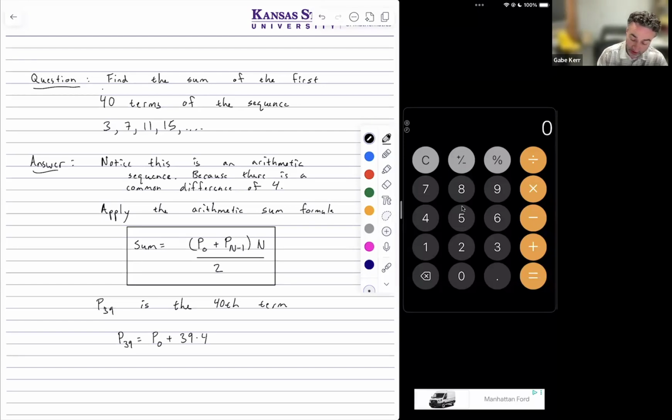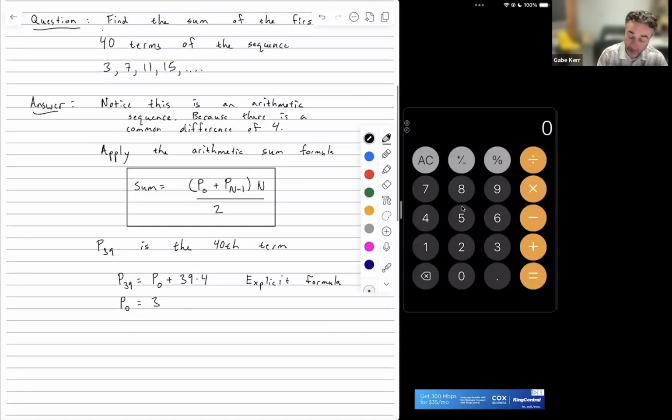This is the explicit formula for an arithmetic sequence with common difference 4. Now we can put in our P naught value. What is P naught? P naught is this first value, so P naught has value 3. And from this, we have all of the ingredients we need. We just need to calculate a little bit.